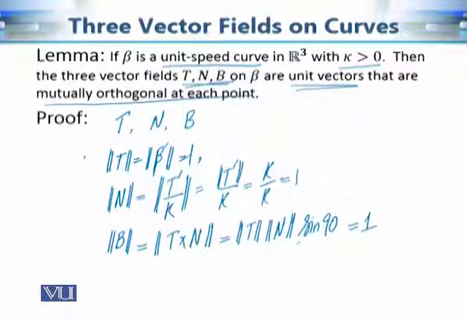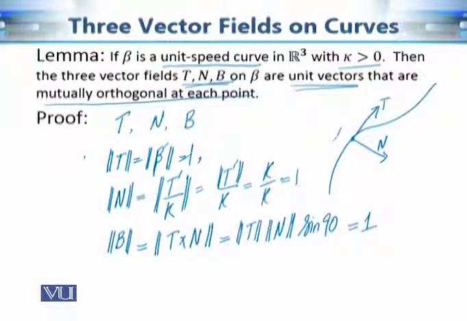Now, when we calculate the norm of the cross product for any two vector fields, it is exactly the same as calculating it at each and every particular point. At each point we have this T and this N, and at that point these are just two vectors.